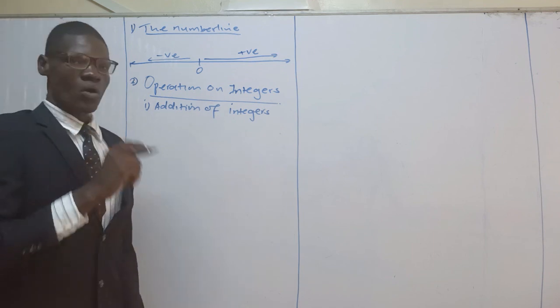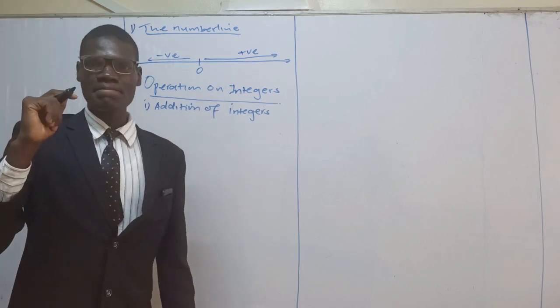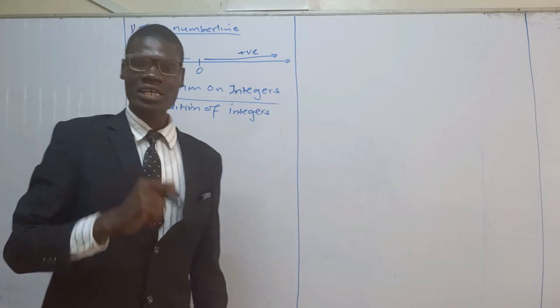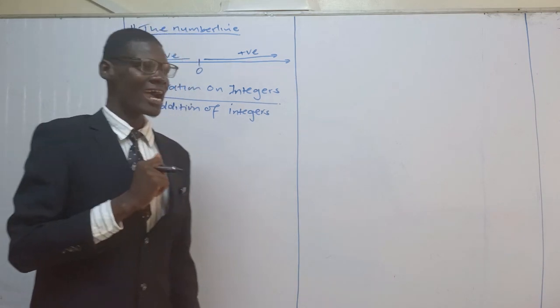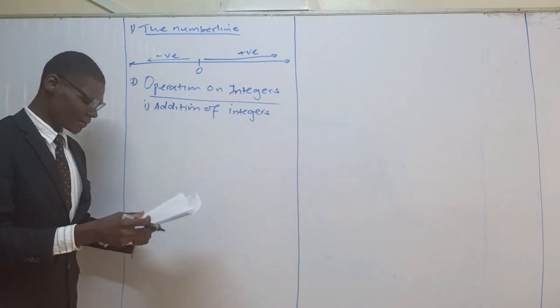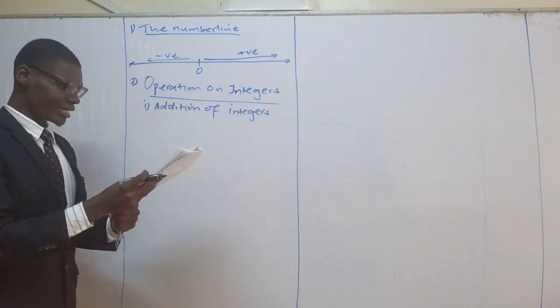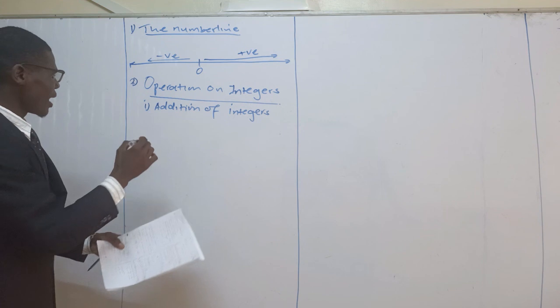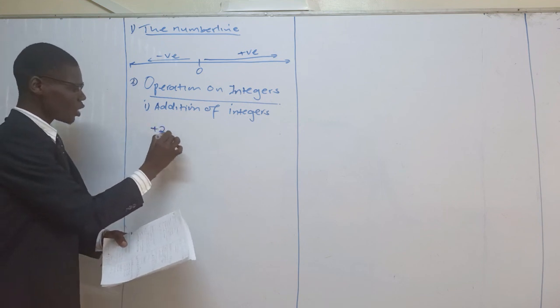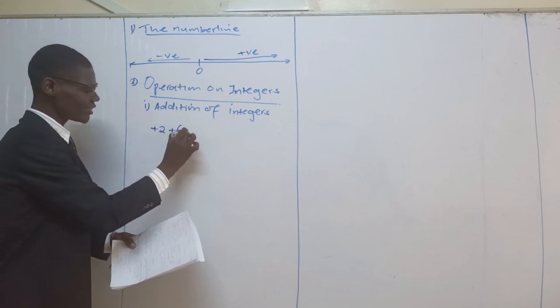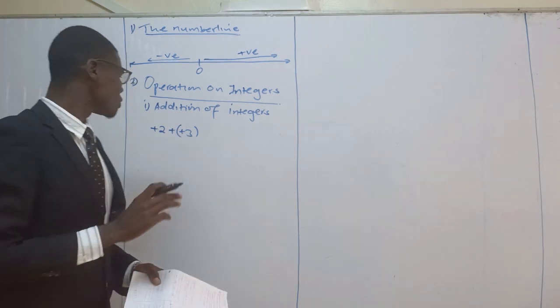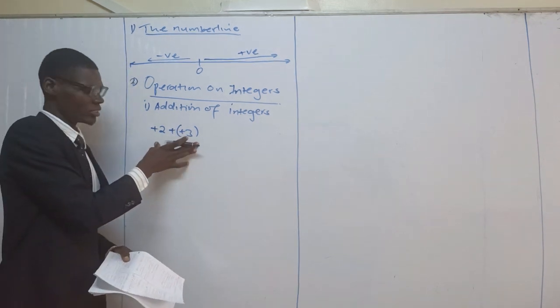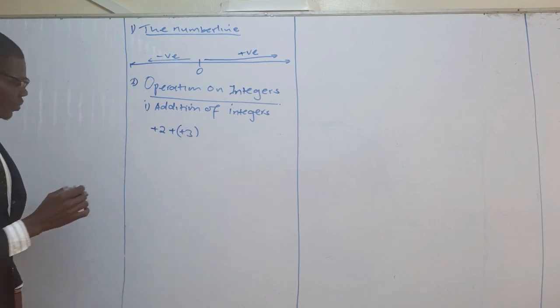So it means we can add integers using a number line. For example, if we have a sum like positive 2 added to a positive 3, I can use a number line to solve this equation. This is how it goes.